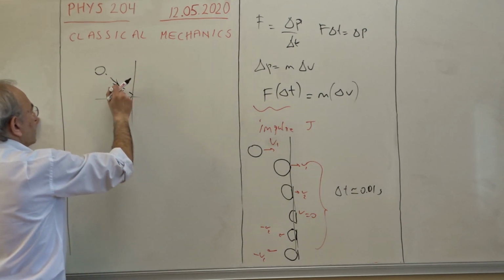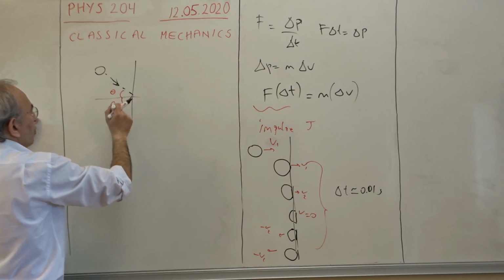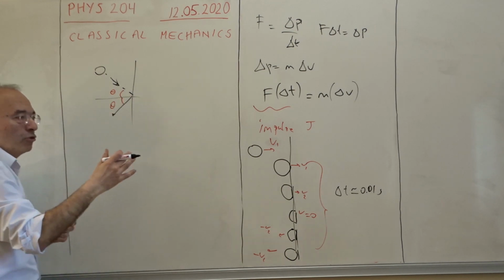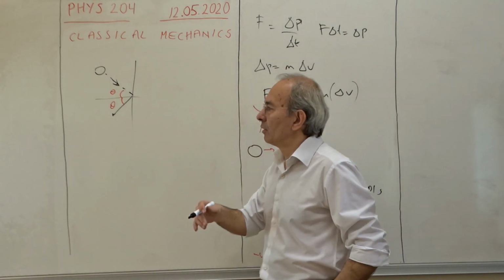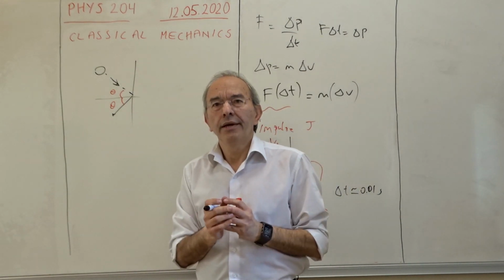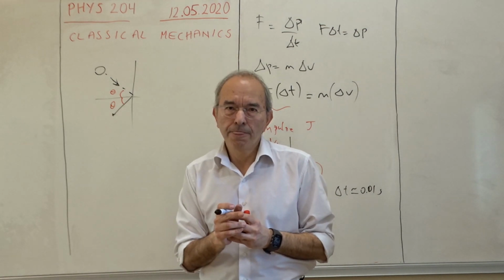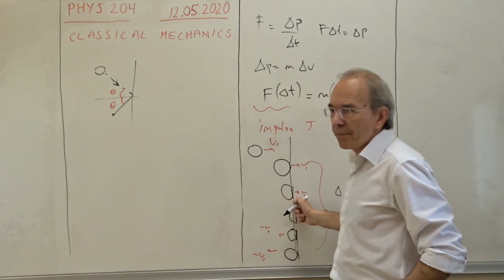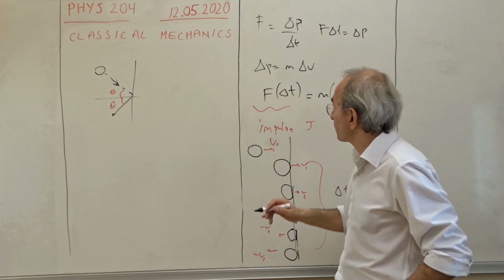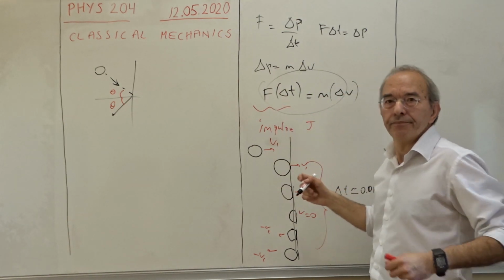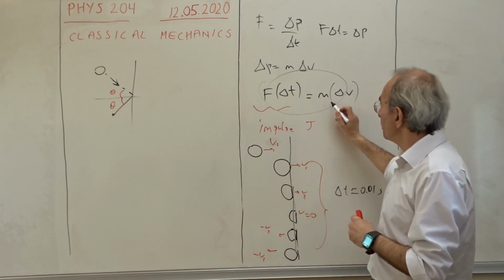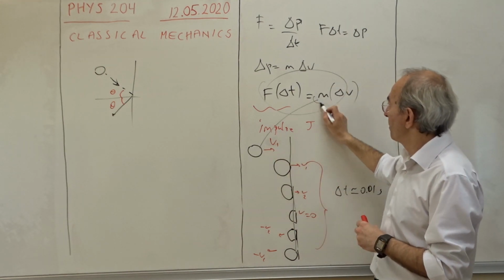So this angle is, let's say, theta. This angle is also theta, so that momentum is conserved, and these kinds of collisions form the pressure of this gas. Because during this collision, according to this expression, m delta v, this object has mass m.